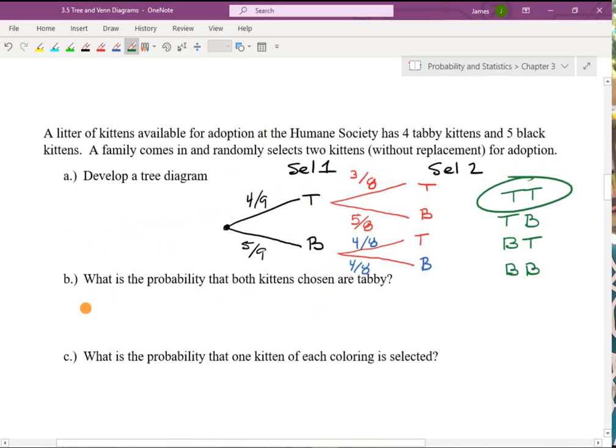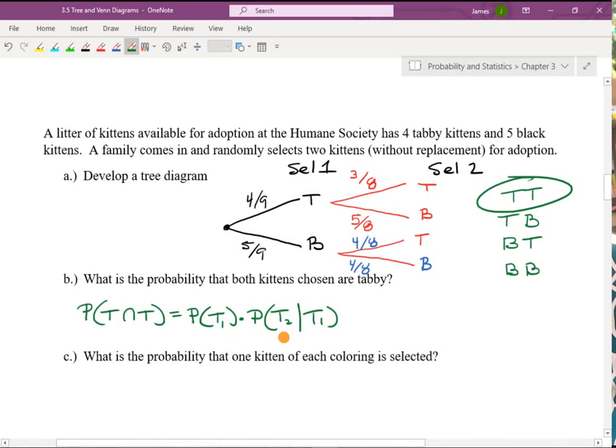So what we have here is the probability of a tabby and a tabby is equal to the probability that the first one was tabby times then the probability that the second one, I'll put subscripts here, that the second one was tabby given the first one was tabby. Does that make sense? And now I write it that way.